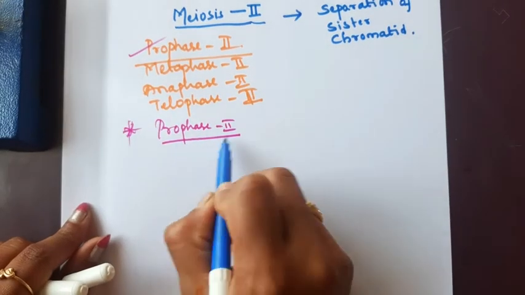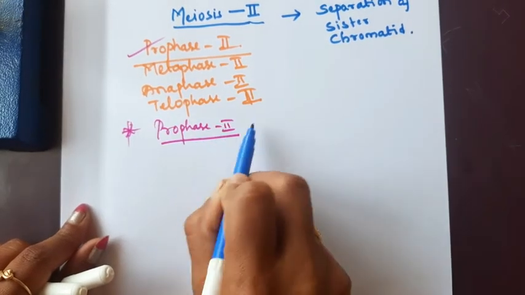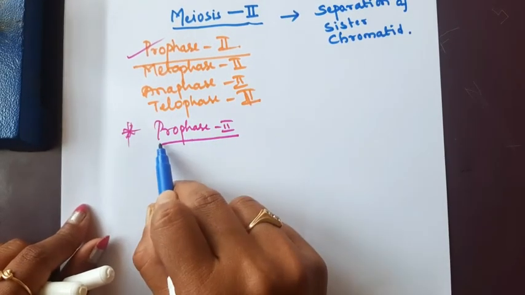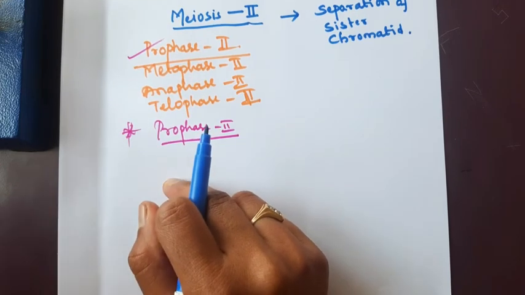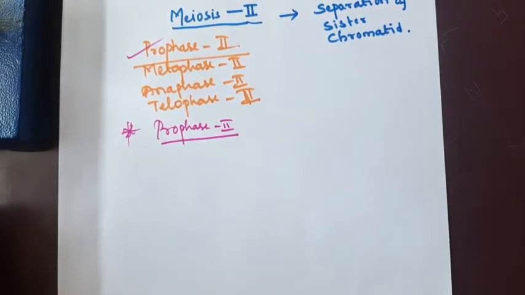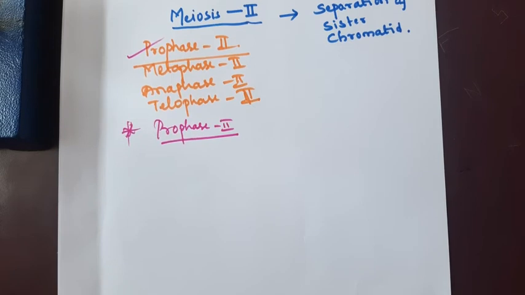This stage is exactly opposite to telophase first. In telophase first, there is appearance of the nuclear membrane and the nucleolus, and disappearance of the spindle fibers. But in case of prophase second, there is appearance of spindle fibers, and disappearance of the nuclear membrane and the nucleoli.